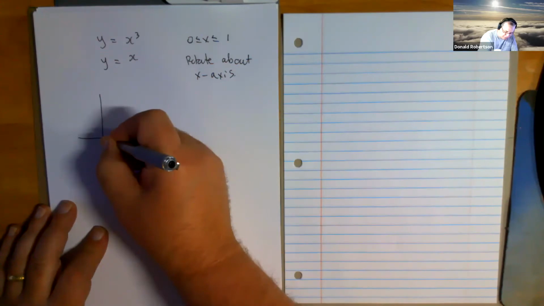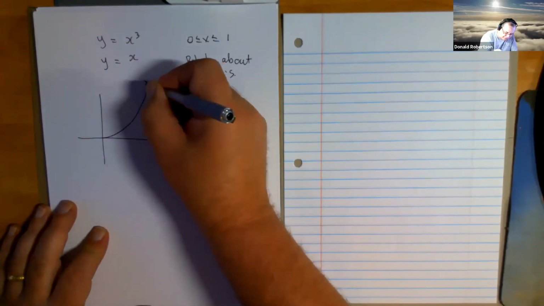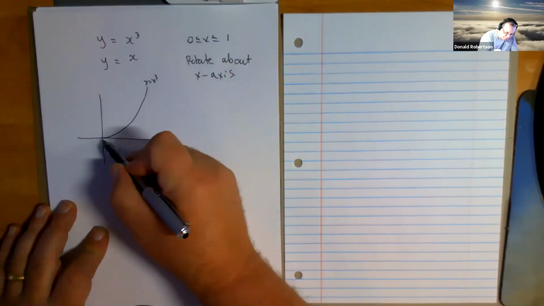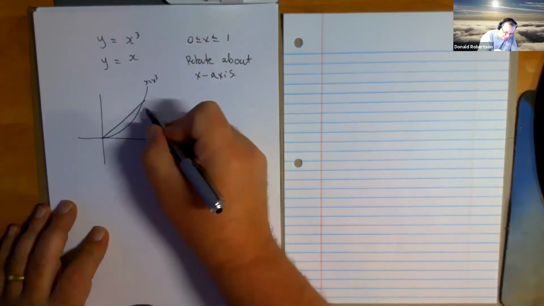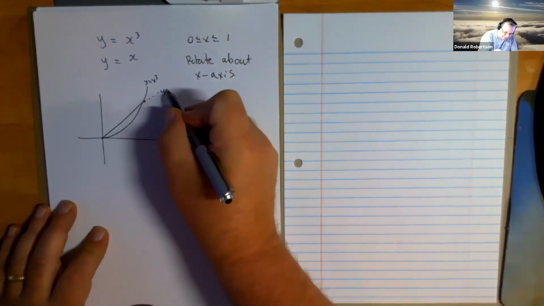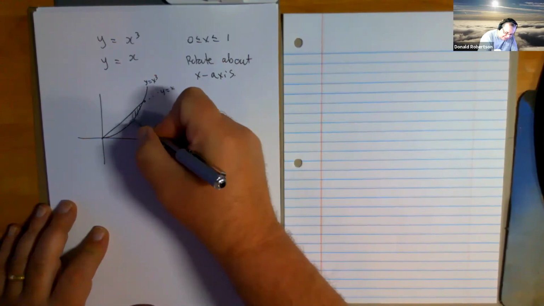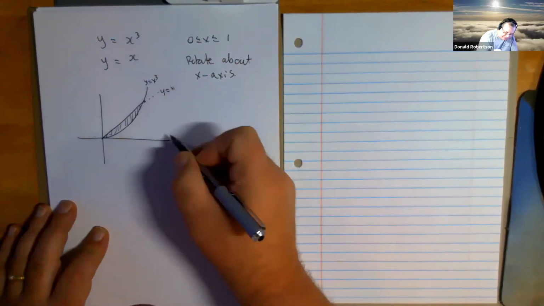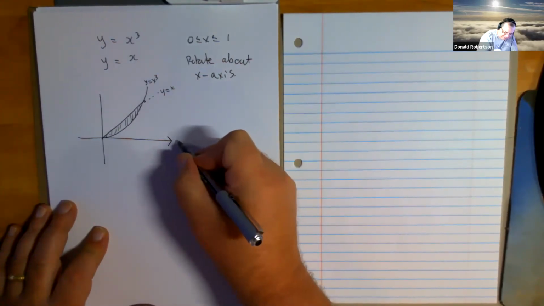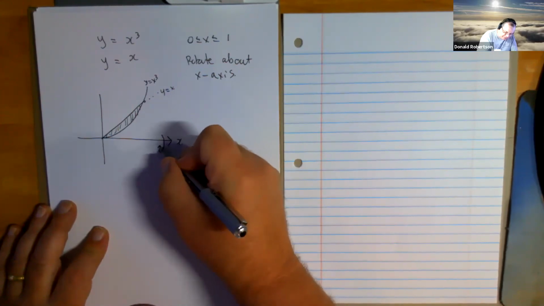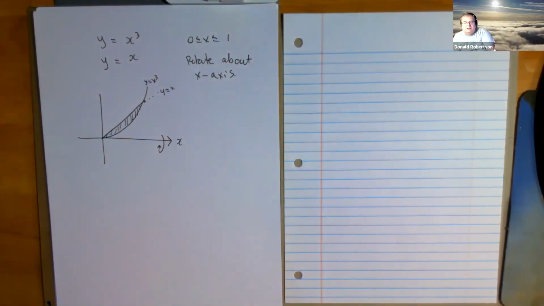Now, if you do y equals x cubed, it looks like this. If you do y equals square root of x, it looks like this. And the little banana shape is going to be the fella that you rotate.